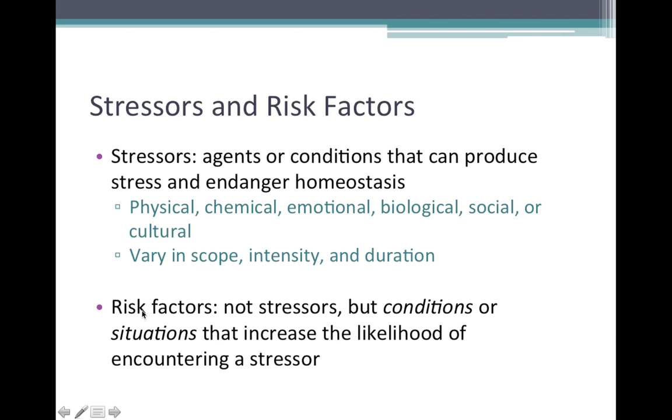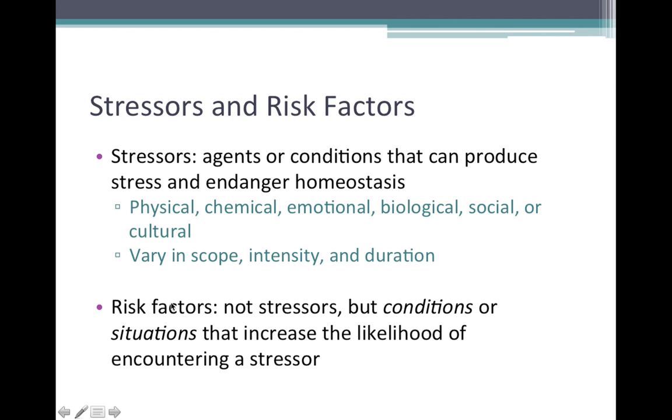Now, risk factors are not the stressors themselves, but the conditions or situations that increase the likelihood of encountering a stressor. So there's lots of different risk factors for stressors, because stressors can be chemical, biological, emotional, social, or cultural.